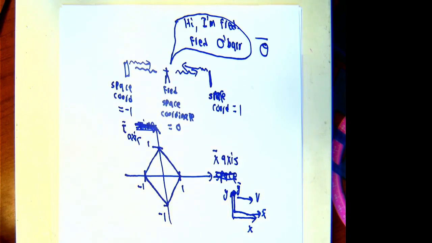The wedge that we're going to have to get into this new way of thinking is to ask ourselves this. The barred reference frame moves at speed v to the right relative to the unbarred one. Fred is at the origin, at the beginning of this situation. What does Fred's path look like with respect to the unbarred coordinates?